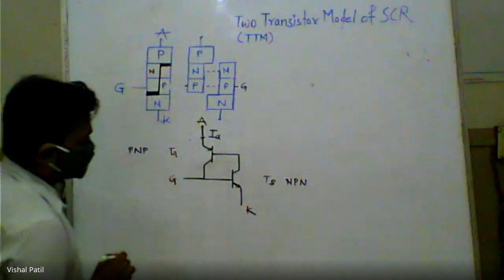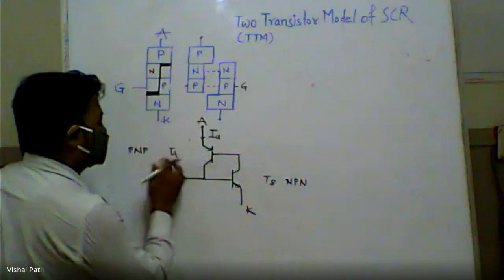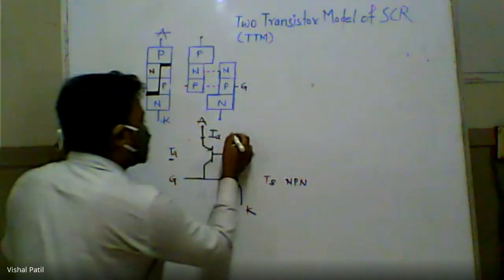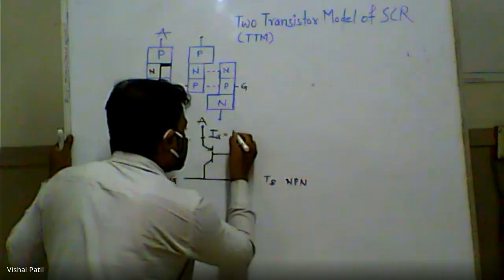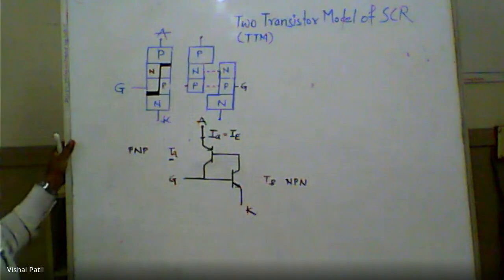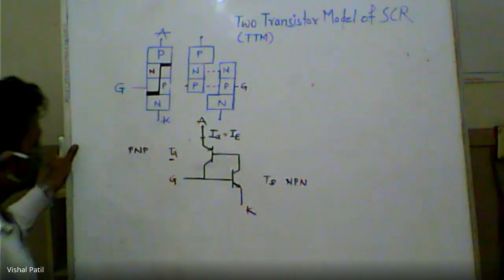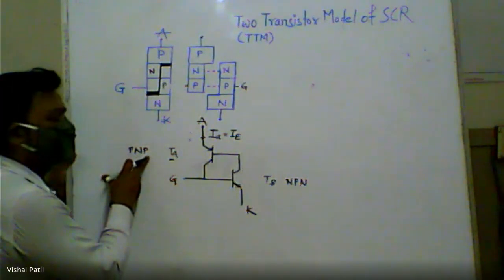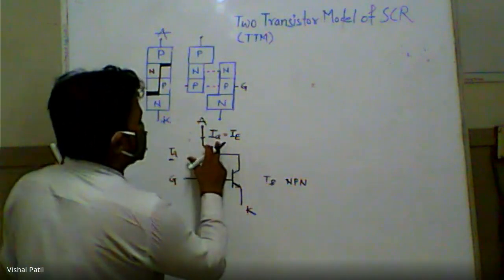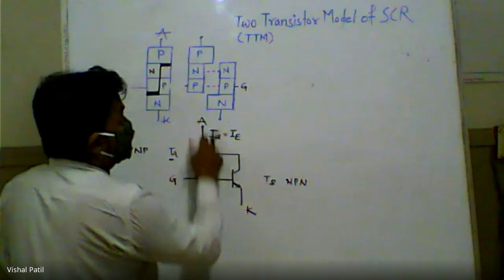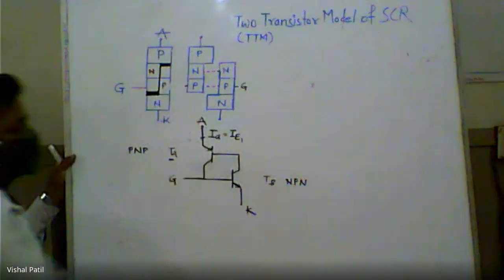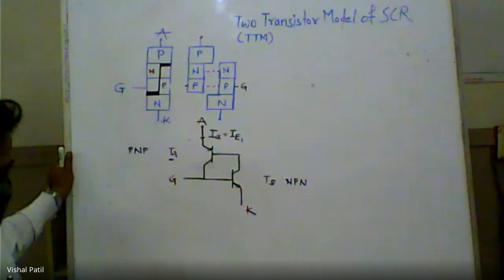But if we look at the transistor, this current looks like the emitter current, because in a transistor we know that there are emitter, base and collector. So here P is the emitter, N is the base, and again P is the collector. If we assume so, we can say that the anode current of the device is equivalent to the emitter current of the first transistor. So IA is equal to IE1.